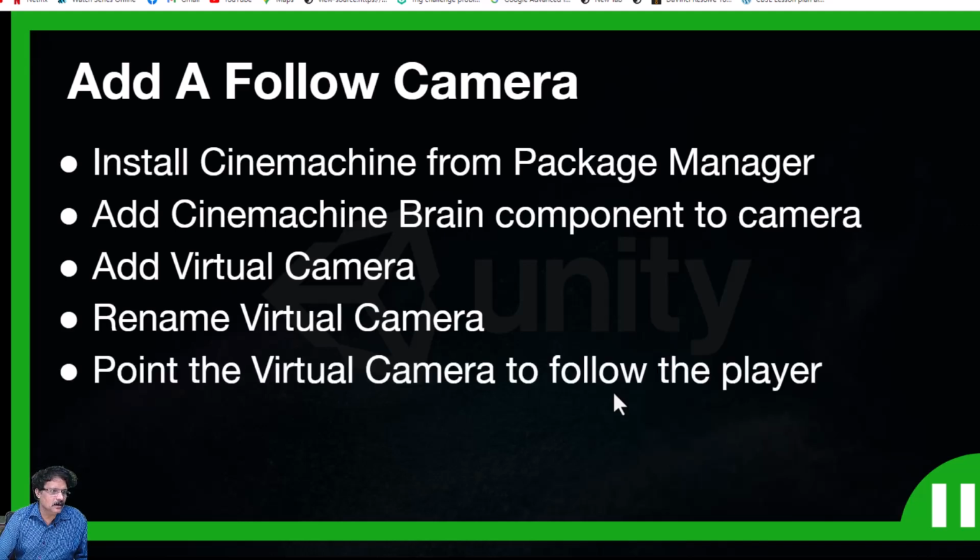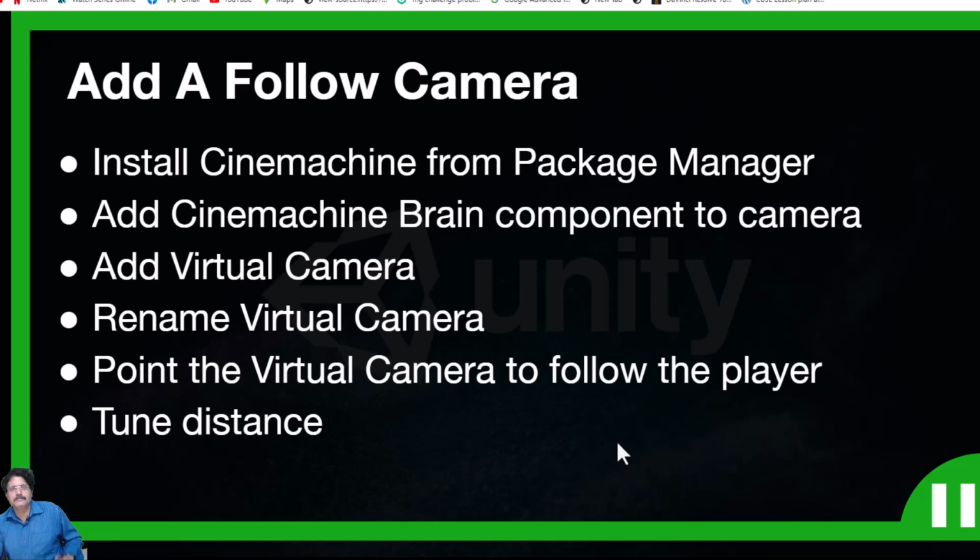After that we pointed the virtual camera to follow the player, and then we tuned its distance. These are the steps that we have to follow when we add this Cinemachine camera. So, in this session we have successfully added our Cinemachine, and everything is now working fine.